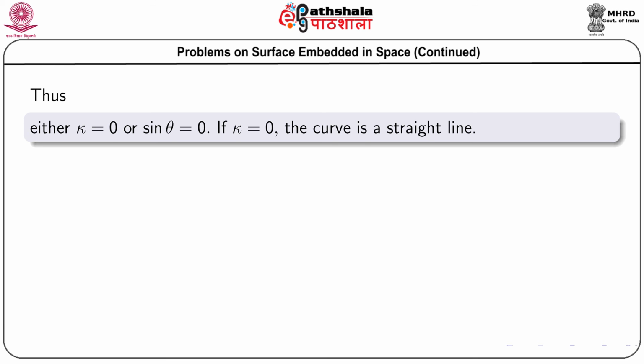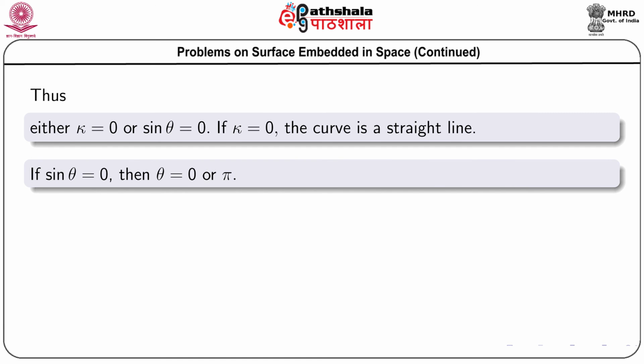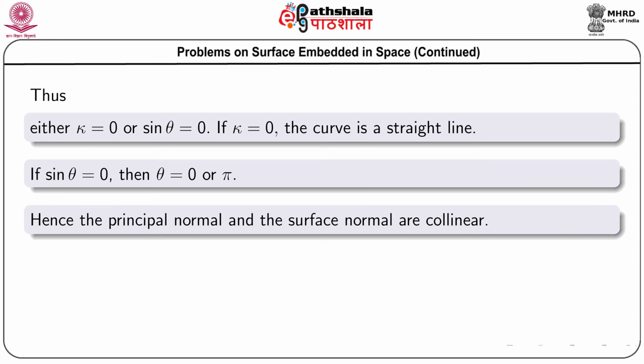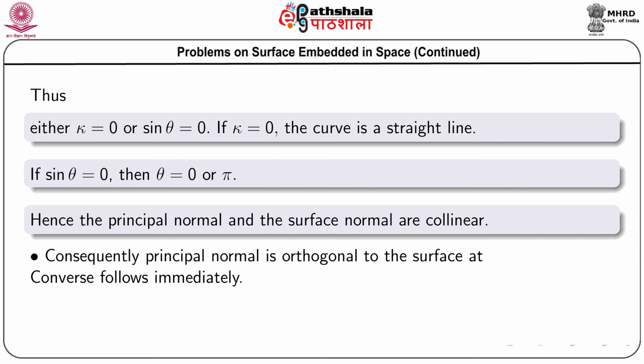Now, if kappa equals to 0, the curve is a straight line, and if sin theta equals to 0, then theta equals to 0 or pi. So, hence the principal normal and the surface normal are collinear, and consequently the principal normal is orthogonal to the surface at every point. Now, the converse also follows immediately.